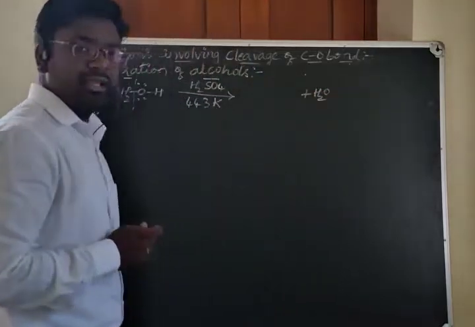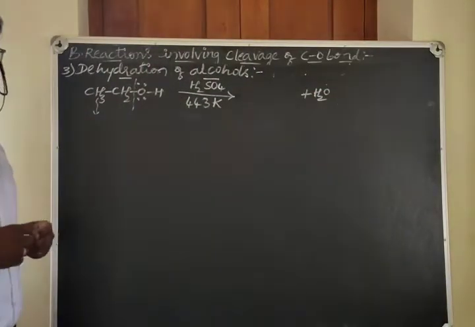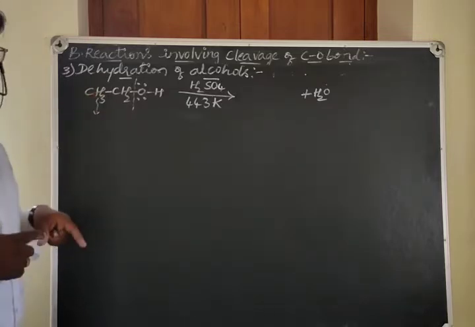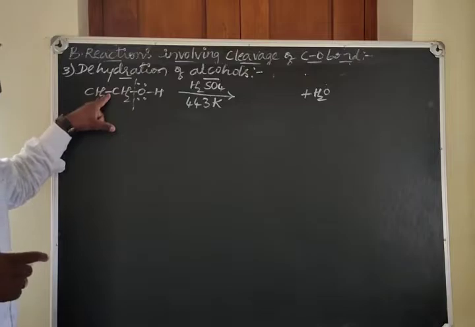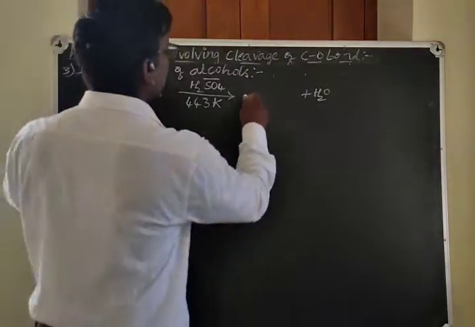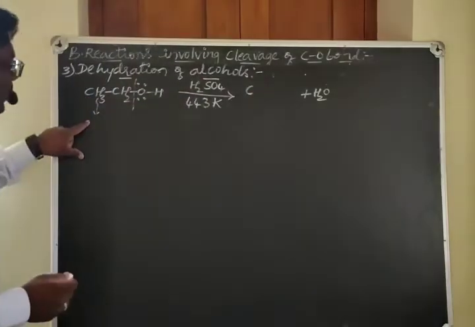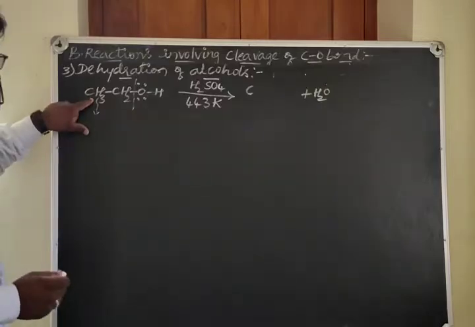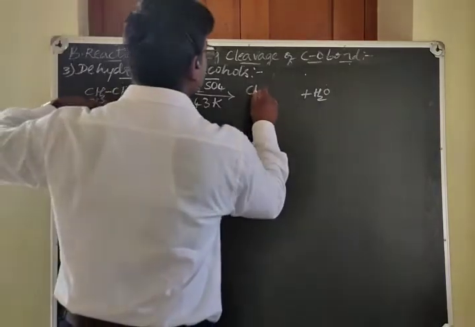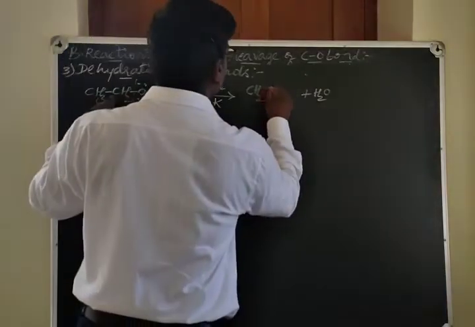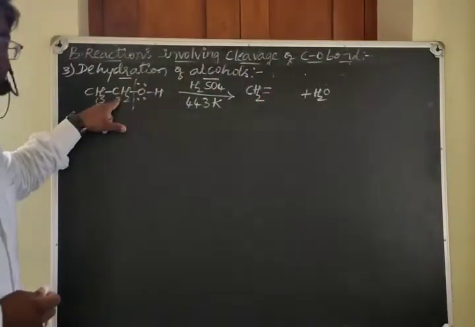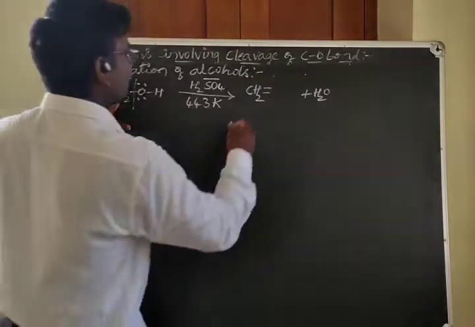And keep in mind that during the elimination reaction, the carbon-carbon single bond will become a double bond. So when you take out one H, how many hydrogens are left? 2. It is a CH2, and the single bond becomes a double bond, and the other carbon is CH2, because it is undisturbed.